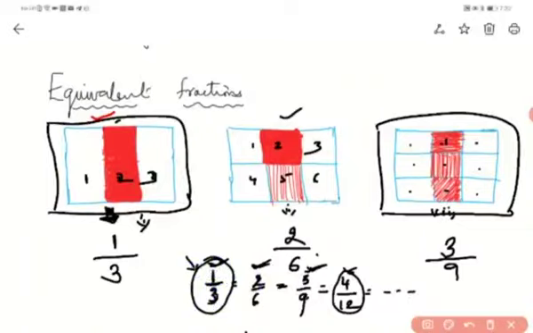If you want to cut 4 by 12 by 2, you can do it: 2 twos are 4, 2 sixes are 12, giving 2 by 6. Now further you can't cut this. So the numbers which we can't cut further, like 1 by 3, are in standard form.